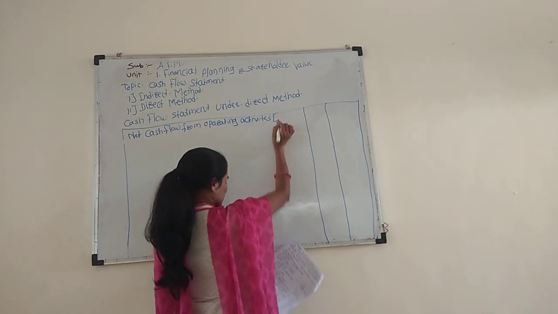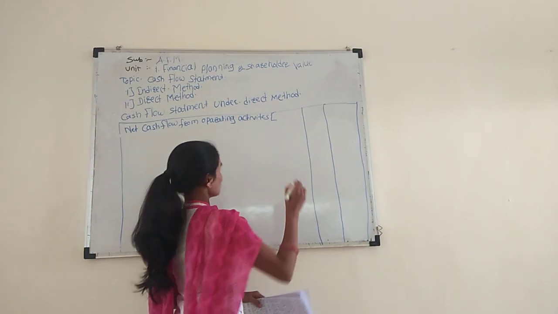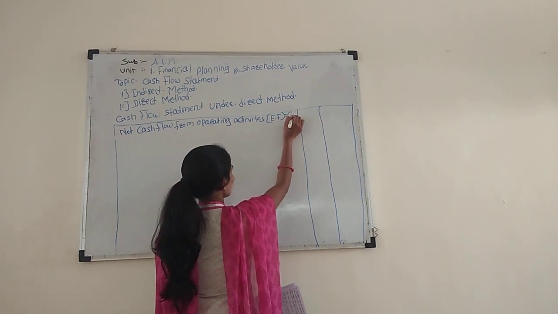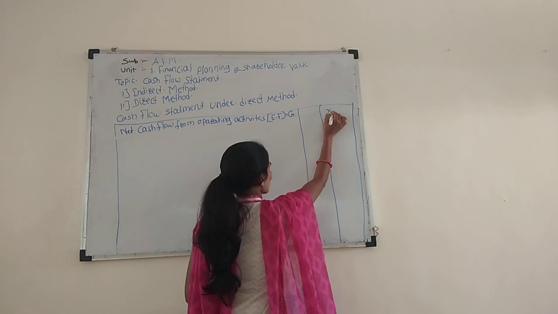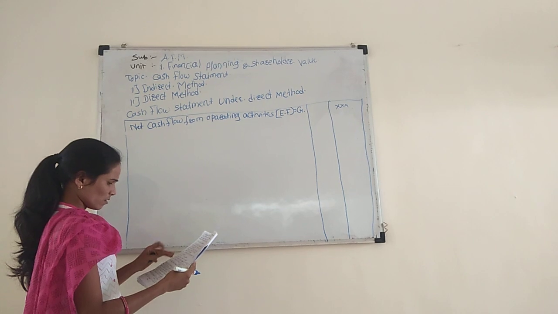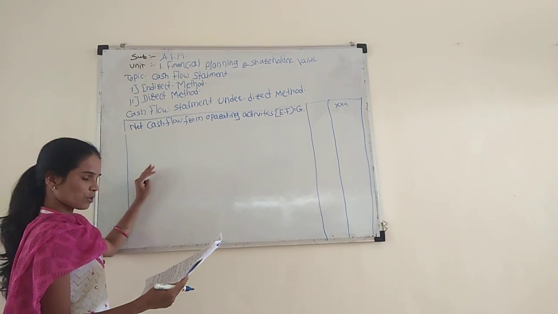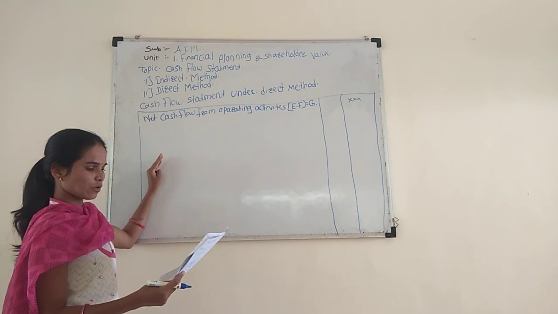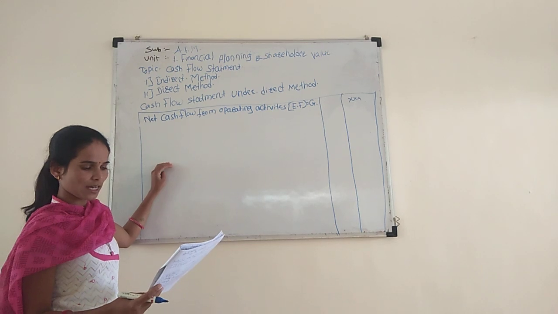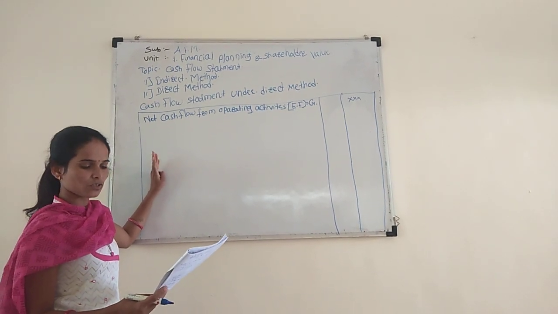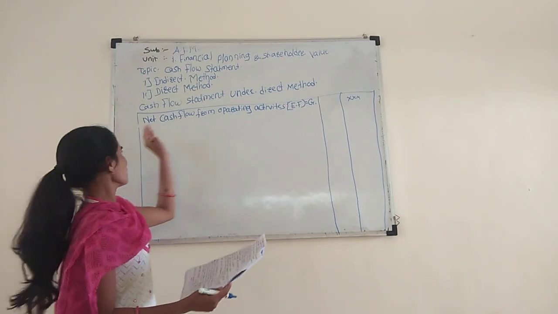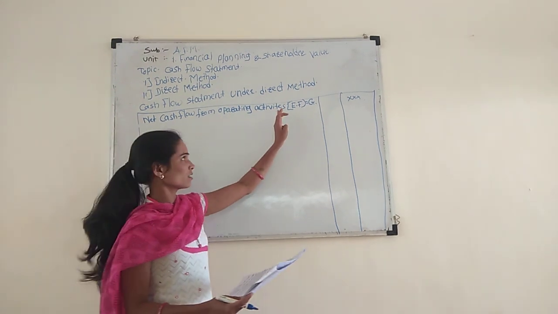E minus F is equal to G. As discussed in the previous lecture, E is cash flow from extraordinary item, and F is adjusted extraordinary item. So E minus F is equal to G, and G means net cash flow from operating activity.